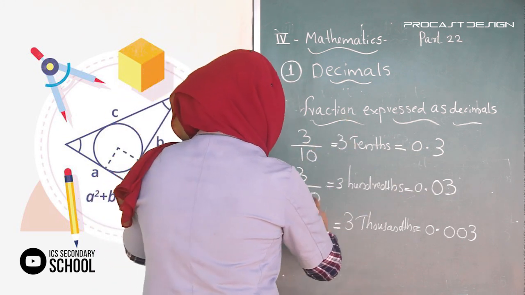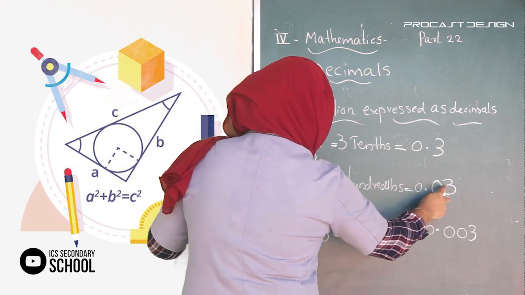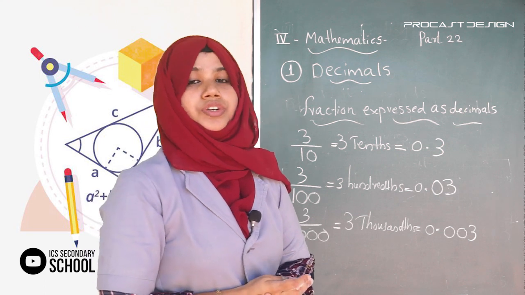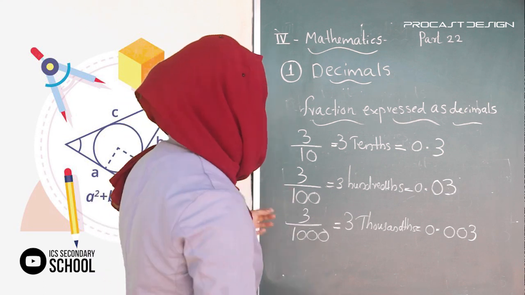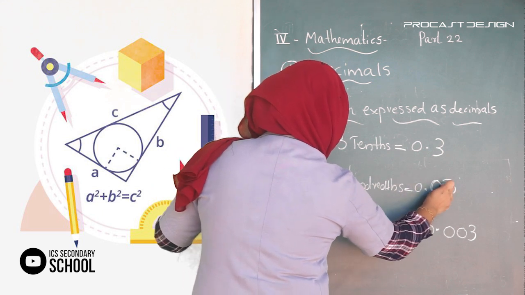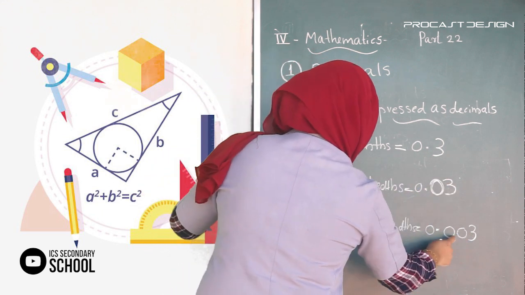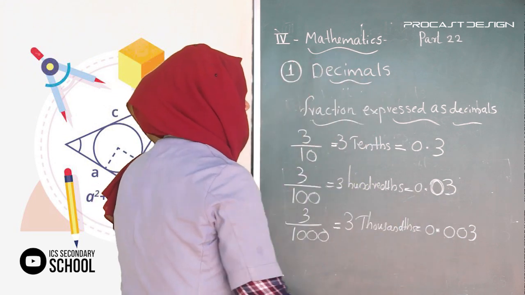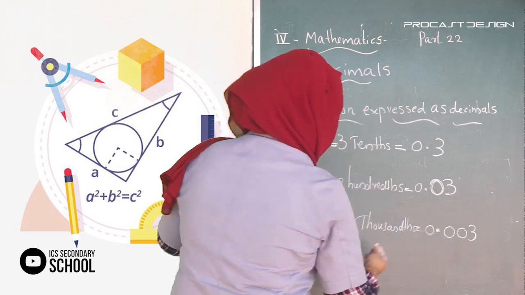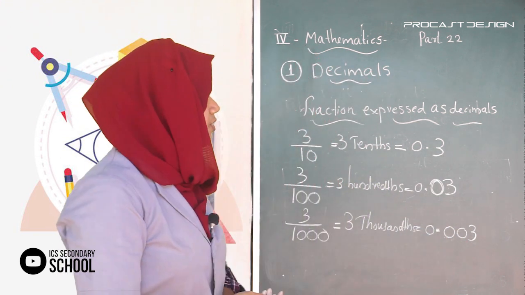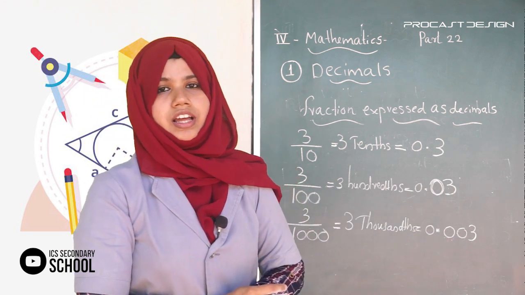Here 3 by 100, so we put the decimal point after 2 digits to the left. Here only 3 is there, so we put the second digit as 0. Here 3 zeros, so we put the decimal point 3 digits left of the numerator.